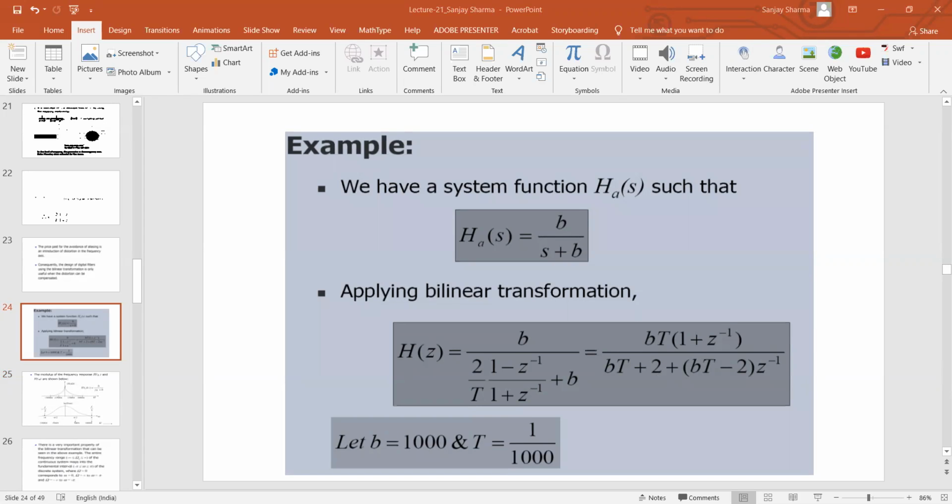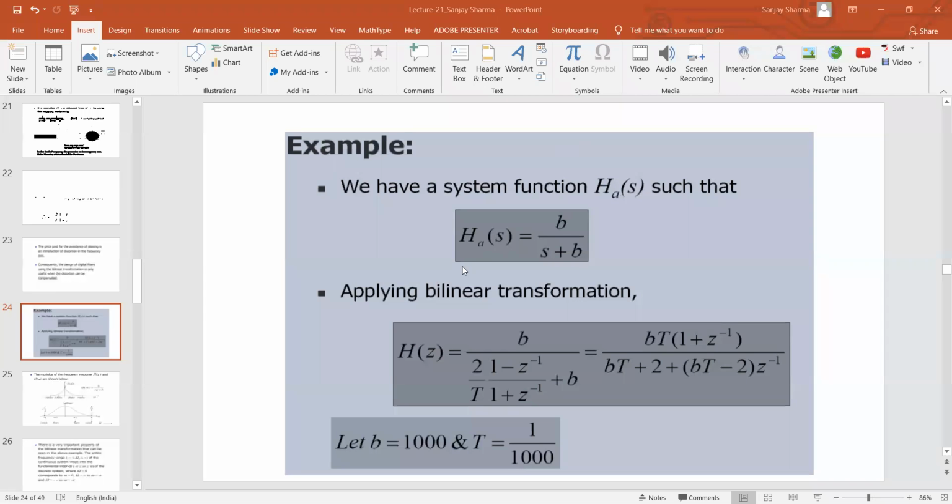I'm finishing, because I will not be able to complete the bilinear transformation. Let me finish here, and start tomorrow fresh on bilinear transformation, so that things can be picked up from here and explained in a nice way.